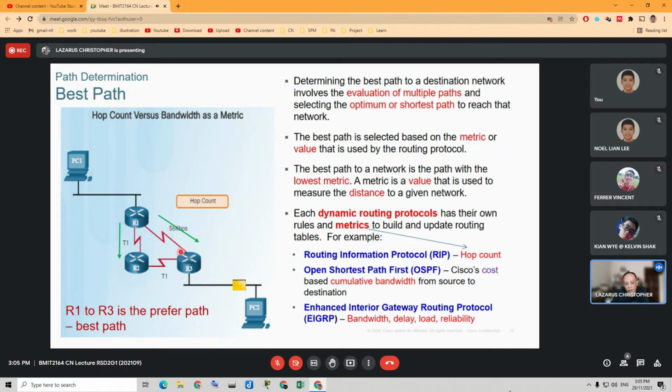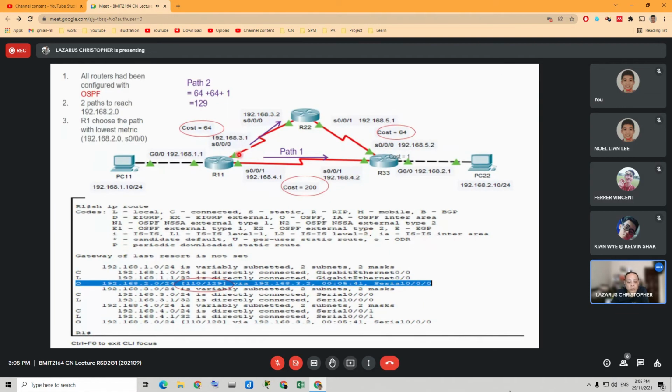Usually when we talk about cost, the higher the cost, the worse it is, and the lower the cost, the better. That's why the definition uses cost. So we want lower cost. Higher bandwidth means lower cost, lower penalty in terms of transferring the data.